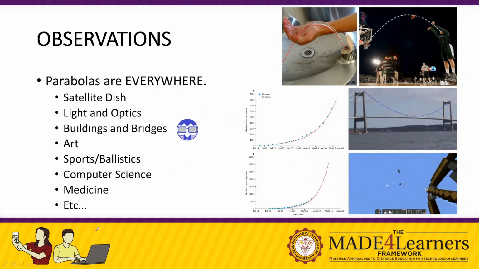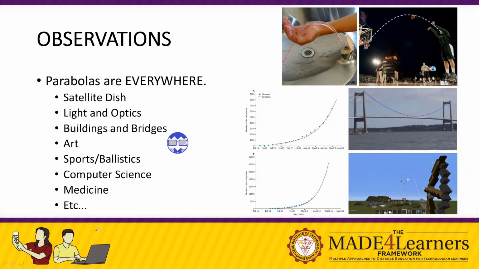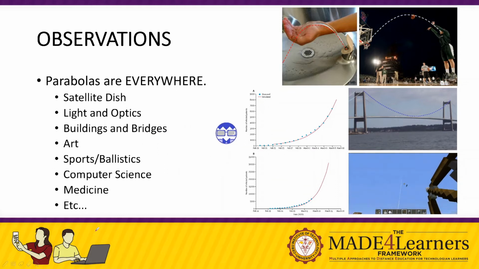In fact, buildings and bridges use the concept of parabolas to optimize the strength of their materials. Here, because of this cable, by the way, this is a suspension bridge. Even the other form of bridges like the arch bridge still use the same concept.